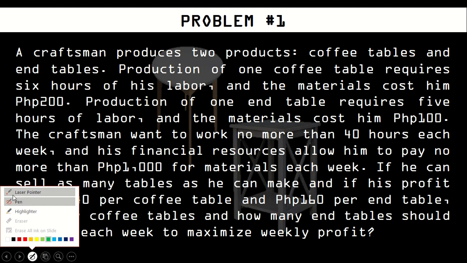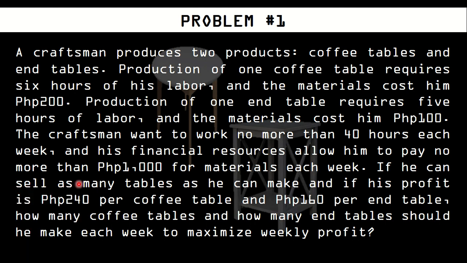Okay, let's start our discussion with problem number 1. Let me read. A craftsman produces two products, coffee tables and end tables. The production of one coffee table requires 6 hours of his labor, and the materials cost him 200 pesos.